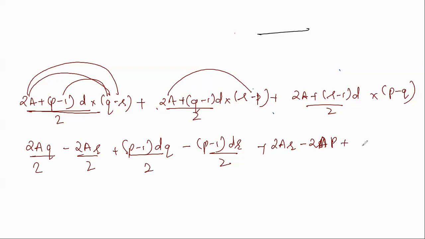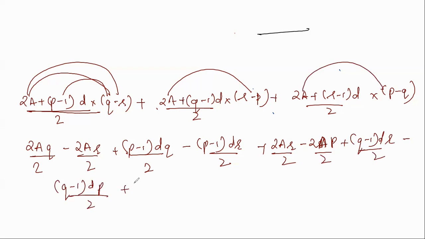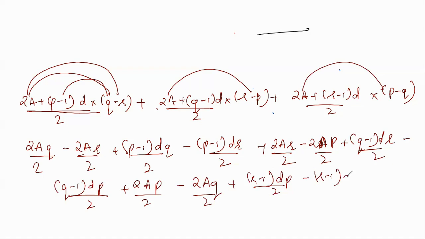Then we have (q minus 1)d multiplied with r, and please don't forget the 2 also, so (q minus 1)dr by 2 minus (q minus 1)dp over 2. Then 2a with p over 2 and 2aq over 2, then (r minus 1)d multiplied with p by 2 and (r minus 1)d multiplied with q over 2, right?